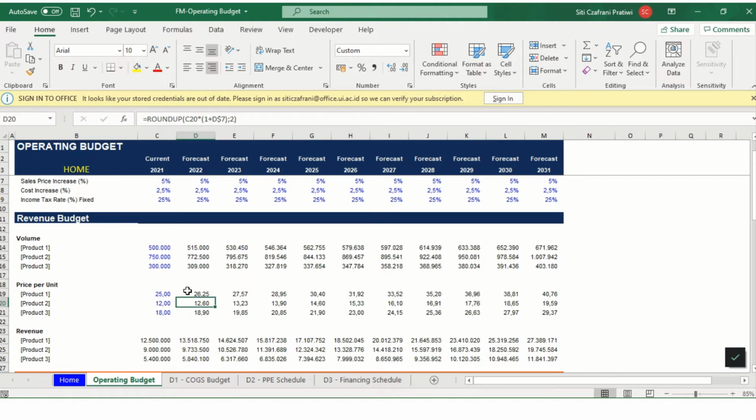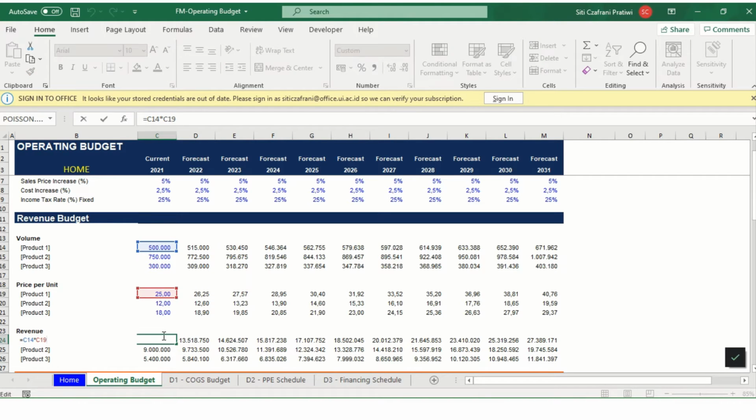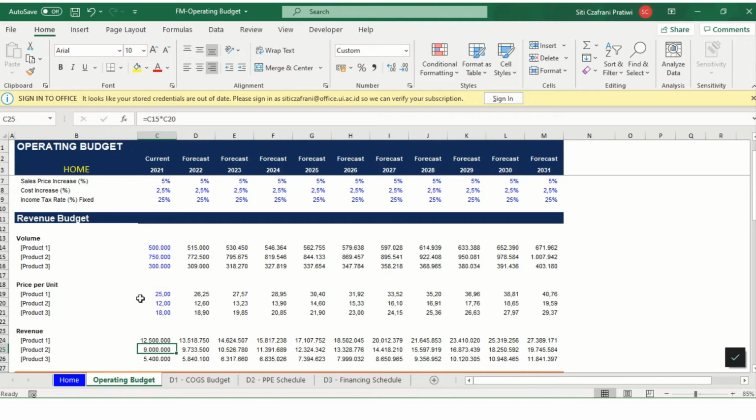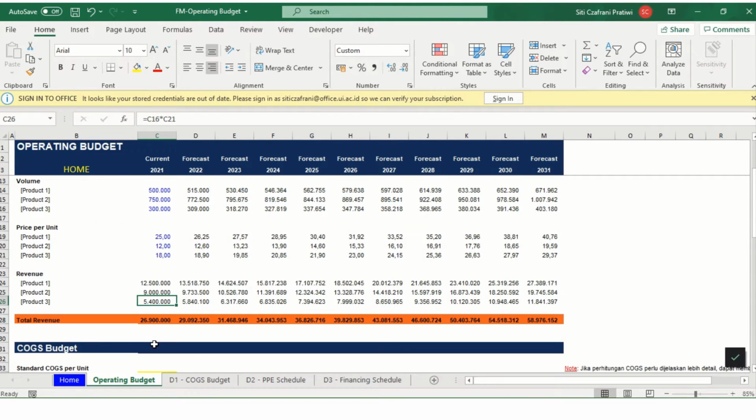Okay. The formula is basically similar to the first one, and for revenue, you simply multiply the product volume with the price per unit, and you will have the revenue for each product. And do not forget, if you have more than one product, you need to redo the steps for product number 2 and product number 3.